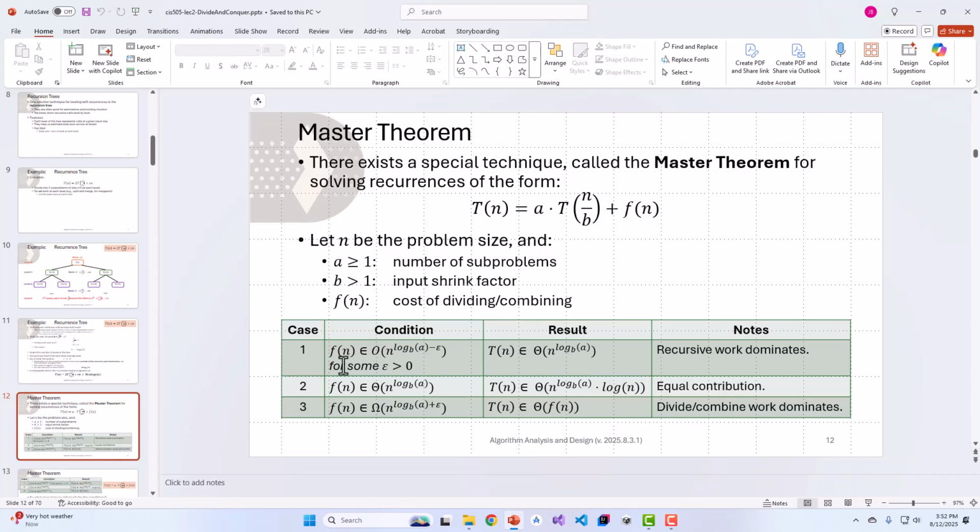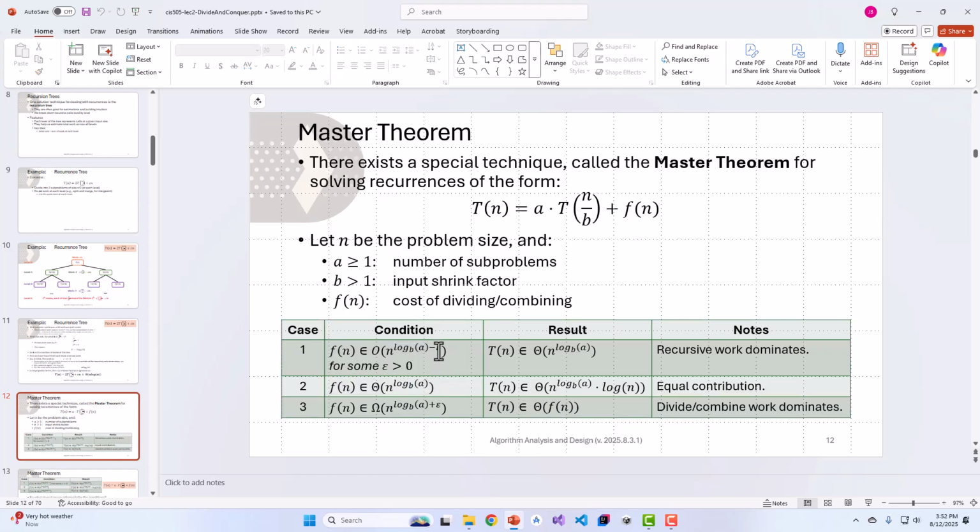Now, the reason it works is because if you have f of n in big O of n to the power log base b of a minus some small amount epsilon, we'll talk about that in a moment. If we made it equal to the watershed function, then it would be the middle case.